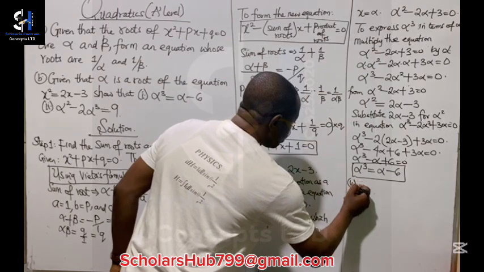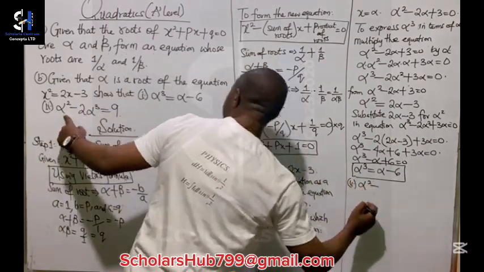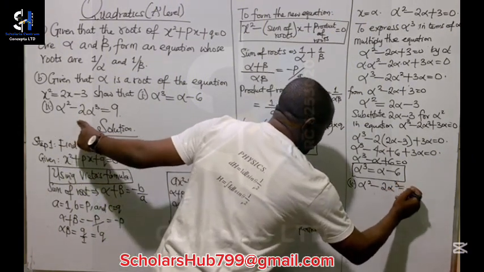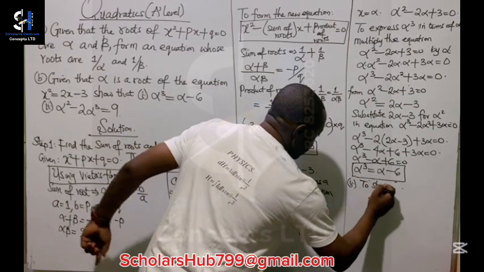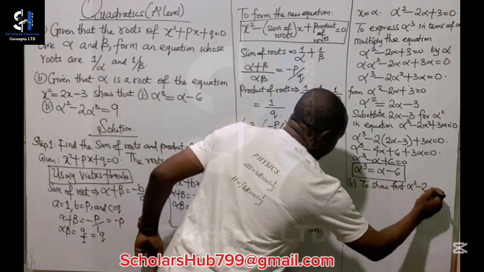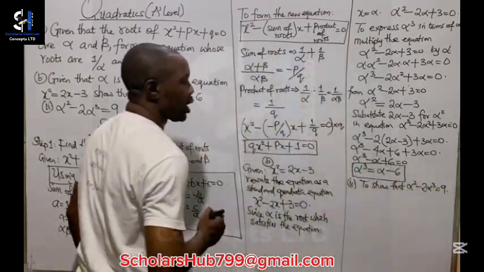Now, Roman numeral 2. We want to show that alpha squared minus 2 alpha cubed equals 9.